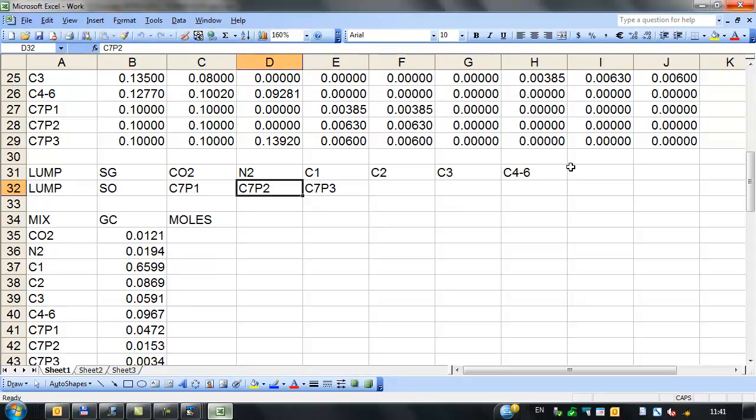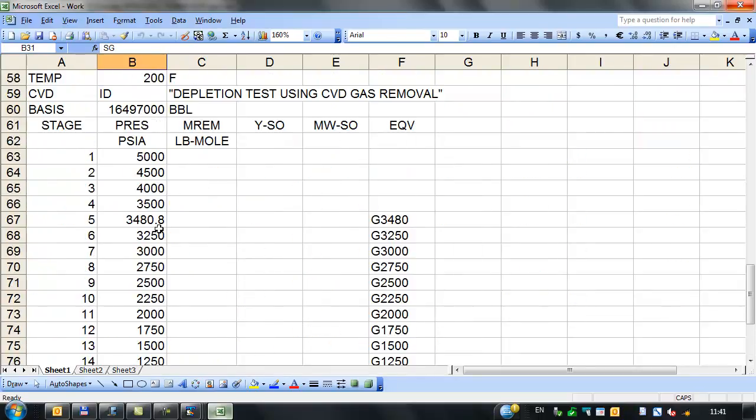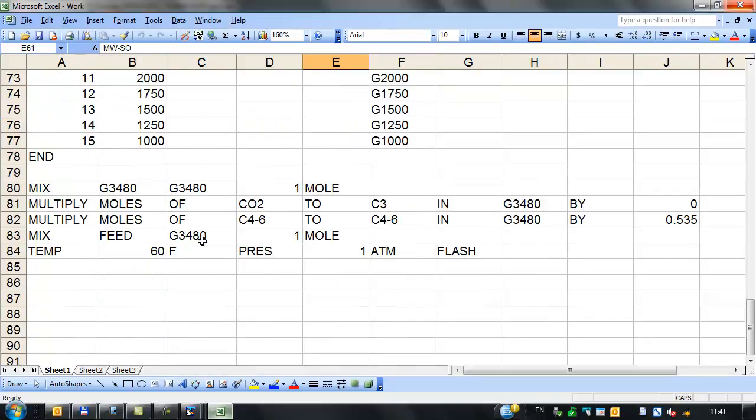So that'll be what we define as surface oil and surface gas. Okay, and then we'll come down here. So now what we get in the way of surface oil will be different. Its molecular weight will be different. It'll be higher. And we'll get a different result down here.